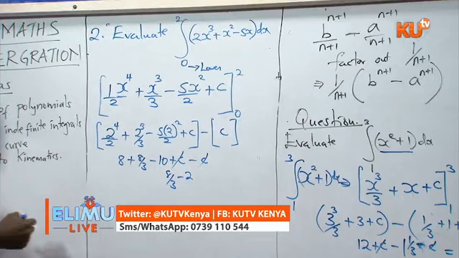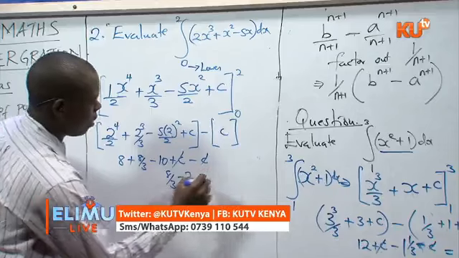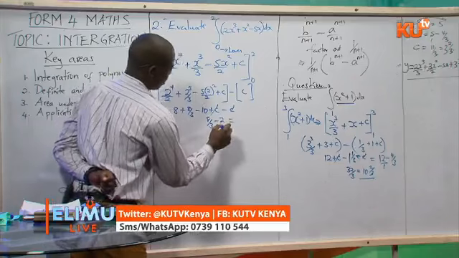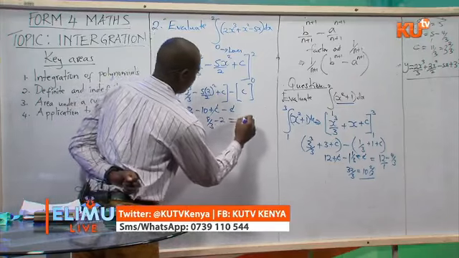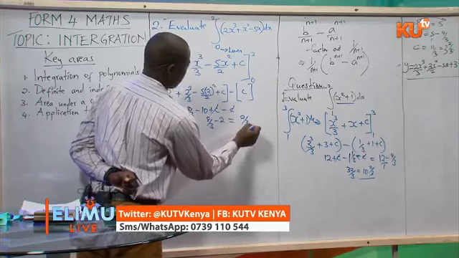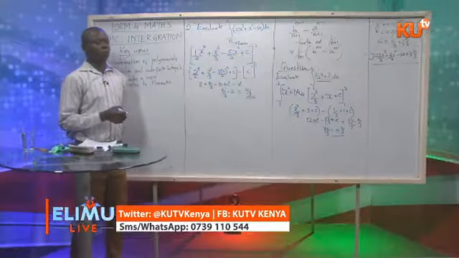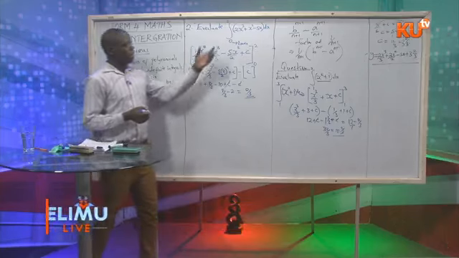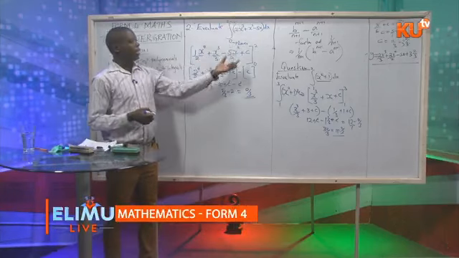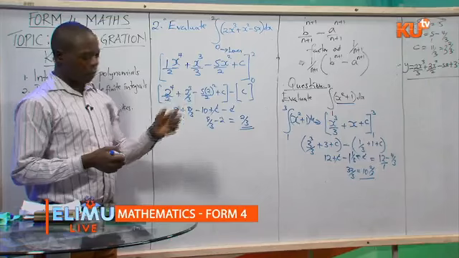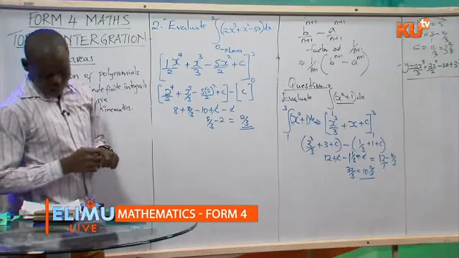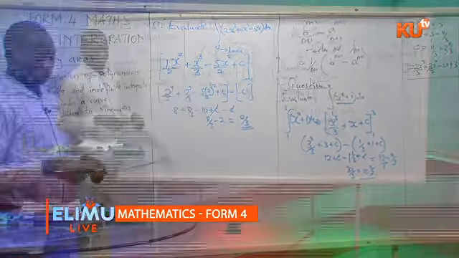If you work out this, the LCM should be 3, and so this is 8 minus 6, which is 2 over 3, and that is the value for our question 2. So after you've worked out with the upper limit, substitute in the value of x with the lower limit to get your solution.